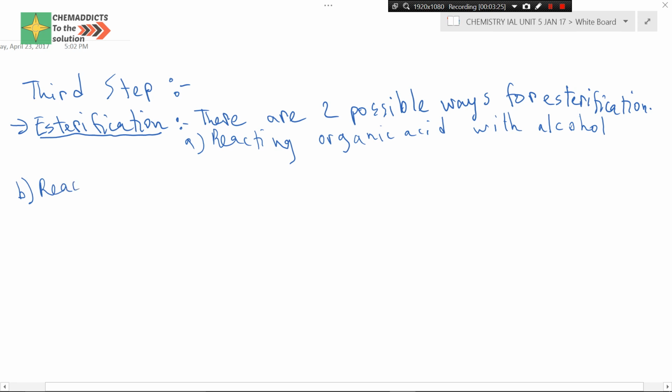Now we're going to look at another way of doing esterification. In this case we are reacting benzoyl chloride, a type of aromatic acyl chloride, with phenyl methanol.